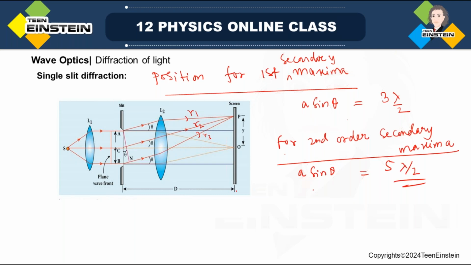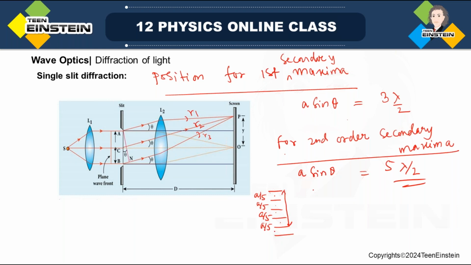To understand this, you have to divide your slit into 5 equal parts: 1, 2, 3, 4, and 5, each of width a/5. Up to this, if you take any point, there will be a corresponding point which will interfere destructively.